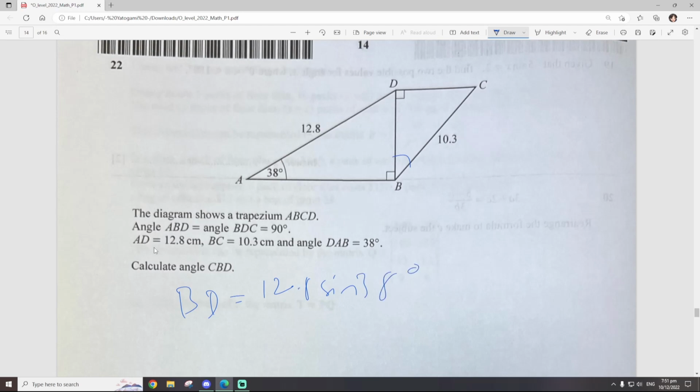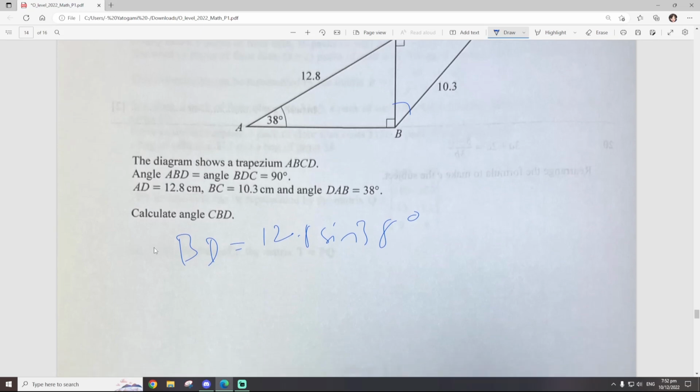Because BD is the opposite side, which is 7.8805, 5 SF.